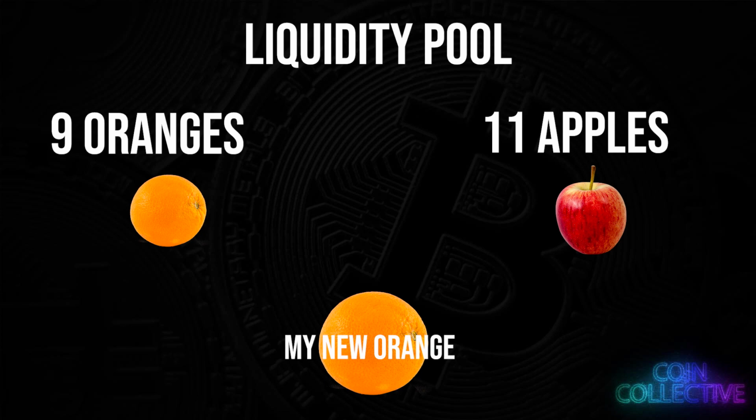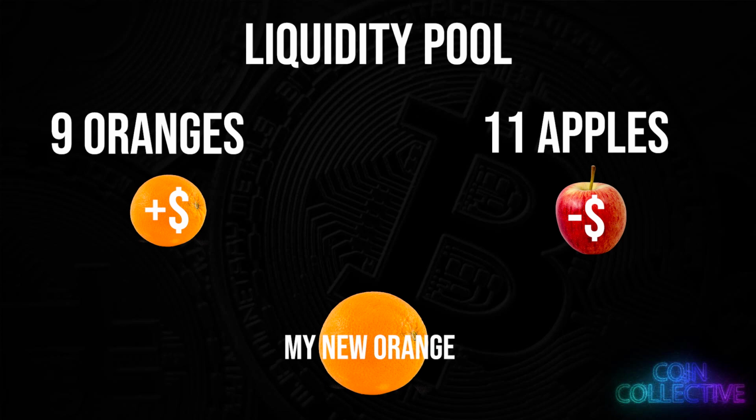This actually causes the price to fluctuate slightly because you have decreased the supply of the oranges in the liquidity pool. So the price of the oranges has risen slightly. And since you have increased the supply of the apples in the liquidity pool because you added an apple in, the price of the apples has slightly decreased.